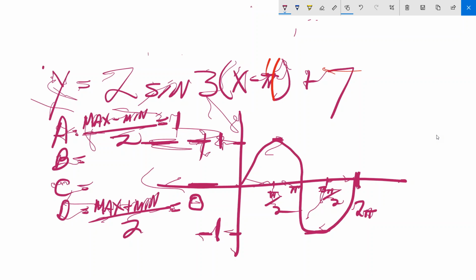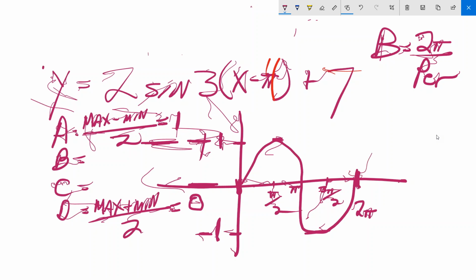B. First of all, you have to memorize this. B equals 2 pi over the period. You've seen that before? The period is the point from where the graph starts to where it gets back to the same point.